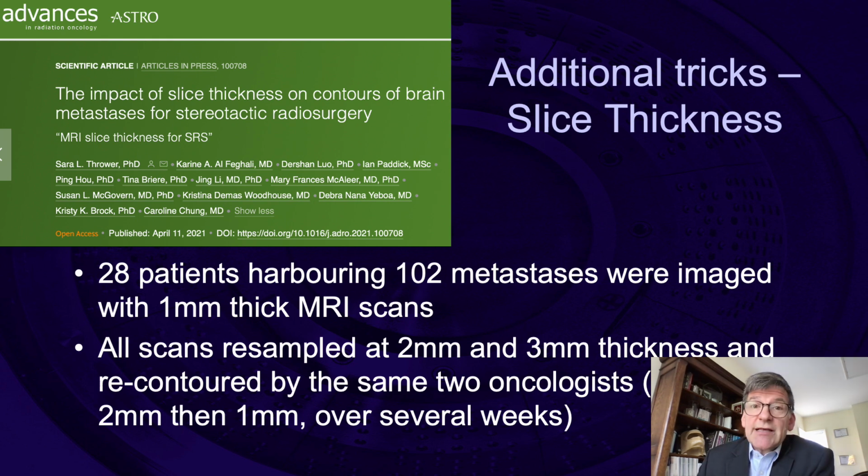But in this study we certainly showed that. We had 28 patients harbouring 102 metastases. They were imaged with 1 millimeter thick slices, but then those scans were resampled at 2 millimeters and 3 millimeters, and the same two oncologists were asked to contour all of those patient scans over a period of weeks so that they forgot the original contouring.